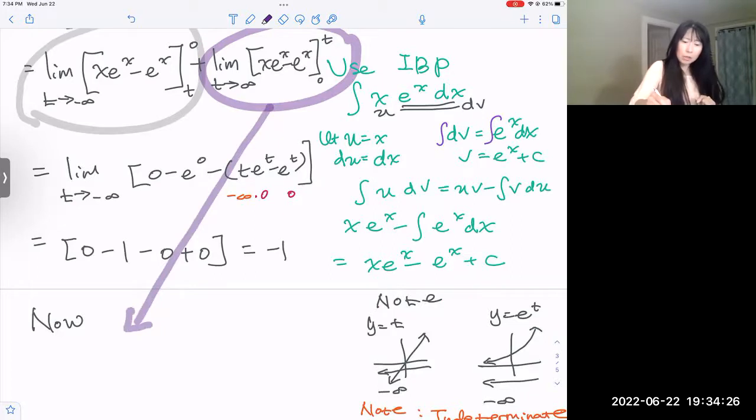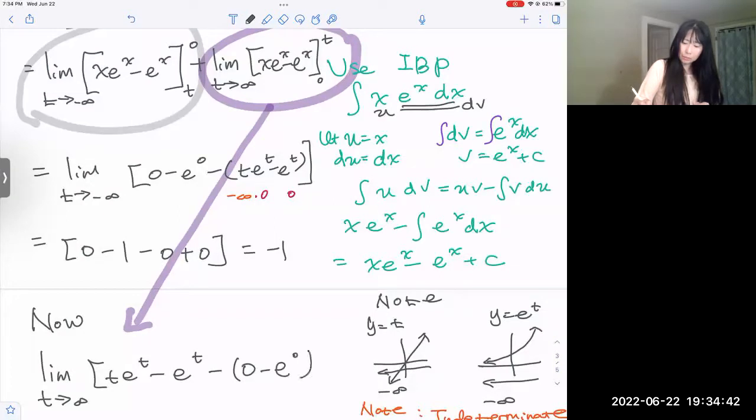All right, so let me write down the limit as t approaches positive infinity. We have t e to the t minus e to the t minus, and the first term is 0, minus e to the 0.